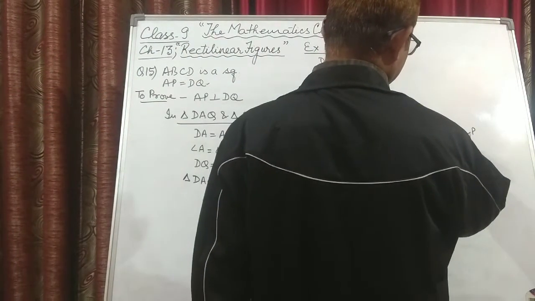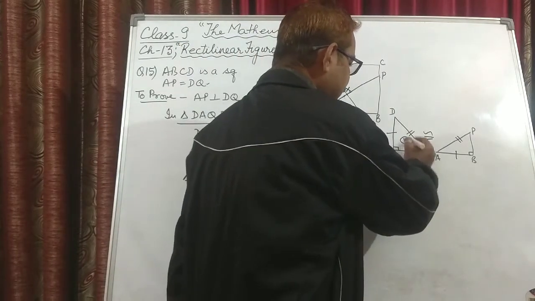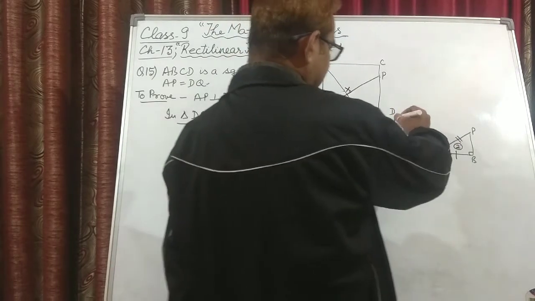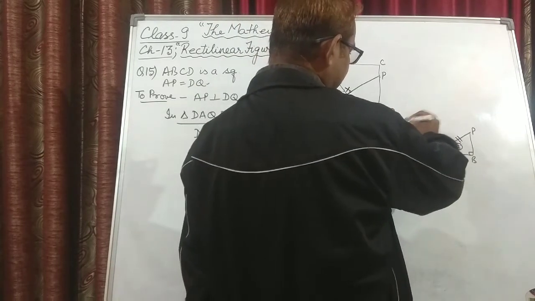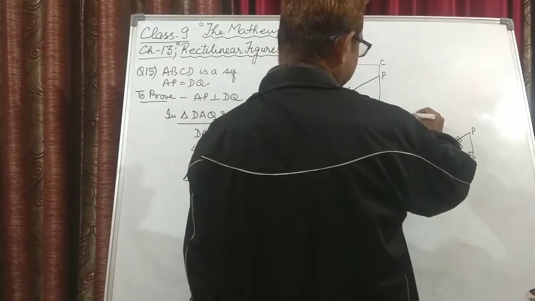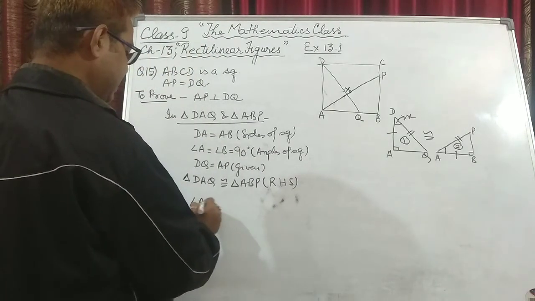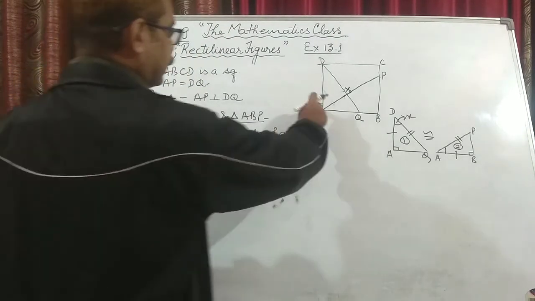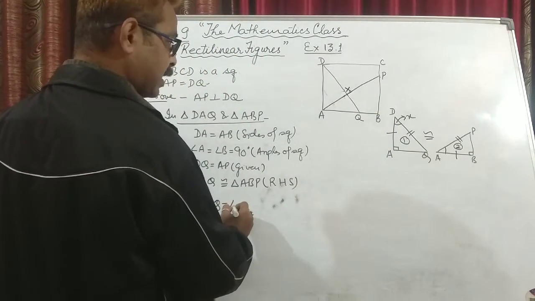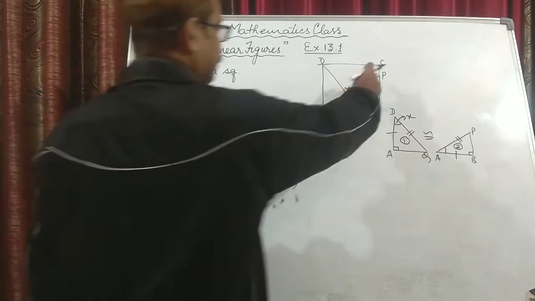If these two triangles are congruent, it means all the 6 elements of the first triangle are equal to the 6 elements of the other triangle. So therefore this angle will be equal to this angle. Let us say this angle is X. It means we can say that angle ADQ, that is this angle D, is equal to angle PAB.